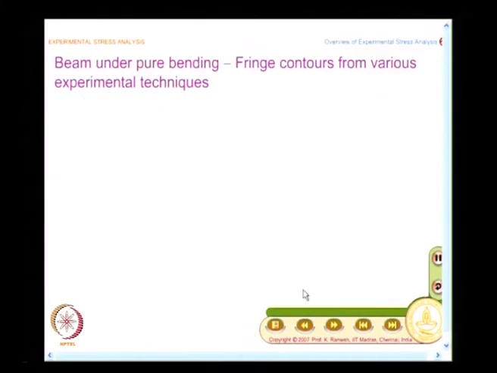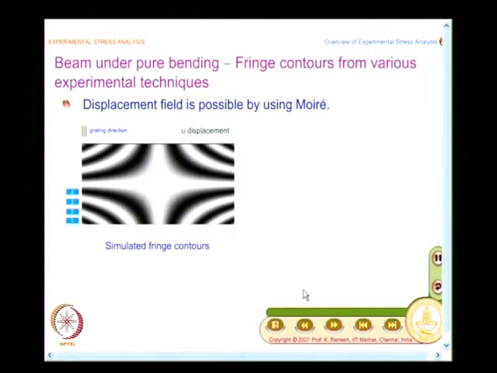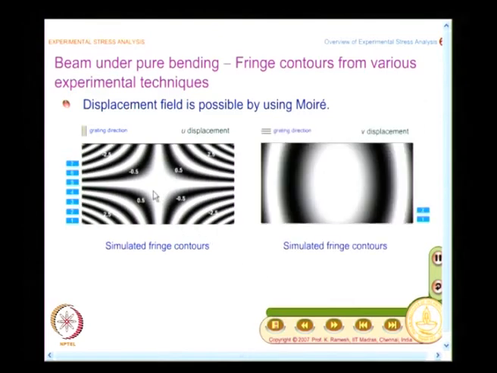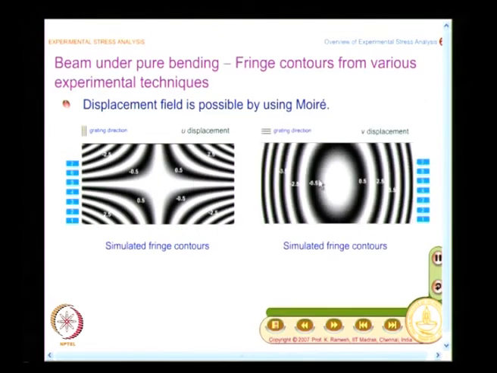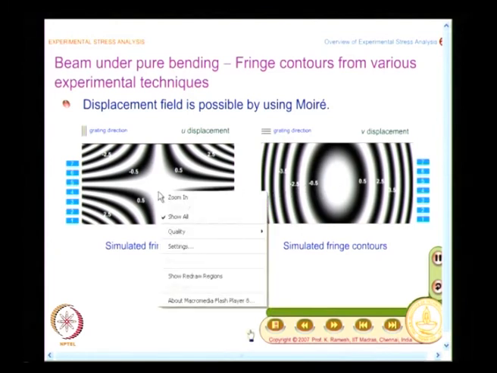Now, we have seen the fringe pattern from photoelasticity, which gives essentially contours of sigma 1 minus sigma 2. Now, our interest is to see other contours. I can look at geometric moire and find out how the displacement field is, and this is the u displacement, and this is the v displacement, and we will see this a little closely.